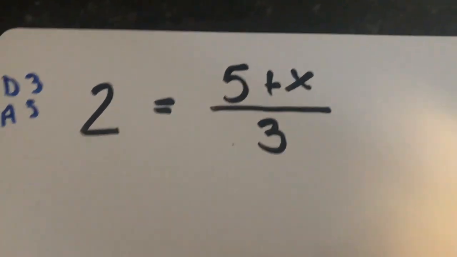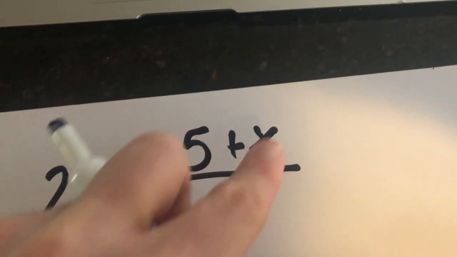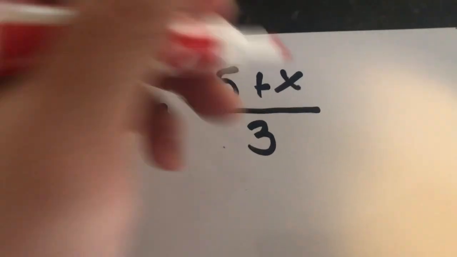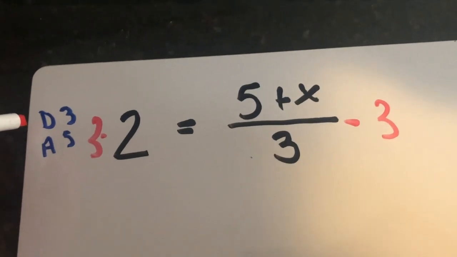With this one, that division of 3 has locked in the 5 and the x, so the only way to deal with this to start is to multiply both sides by 3. Again, that would be that inverse operation of the division of 3.